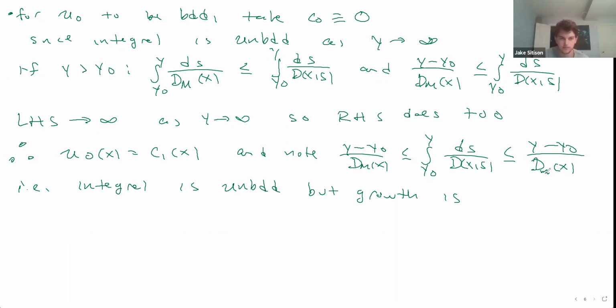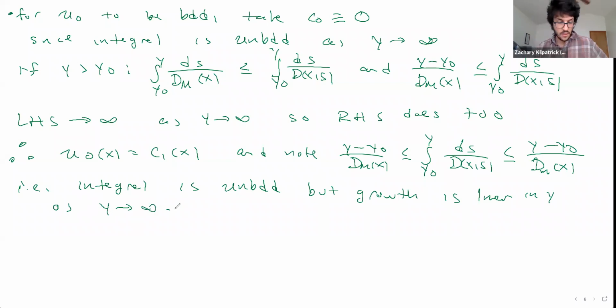Linearly, yeah. So it's lower bounded by a linear function and upper bounded by a linear function, so it must have some linear growth rate. All right, so that may be useful later if that shows up again.